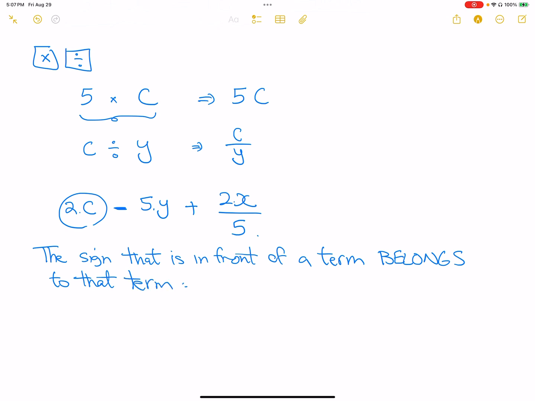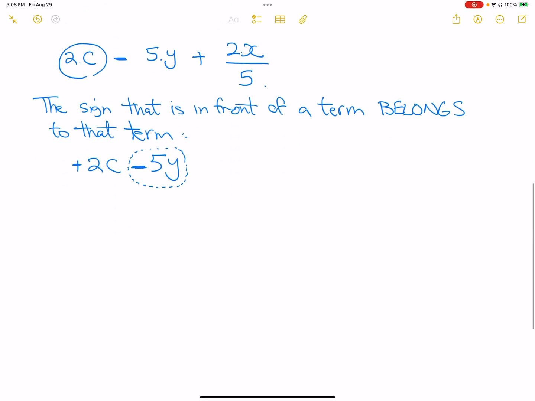So if we have from the above 2c minus 5y, this minus belongs to this whole term. It's a minus 5y. This 2c, if you don't see anything, there's an invisible plus there. Sometimes you don't have to write it unless you're trying to connect multiple terms together.